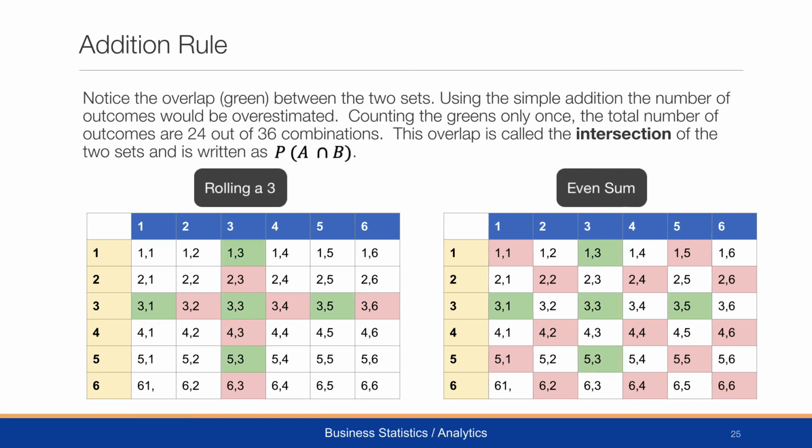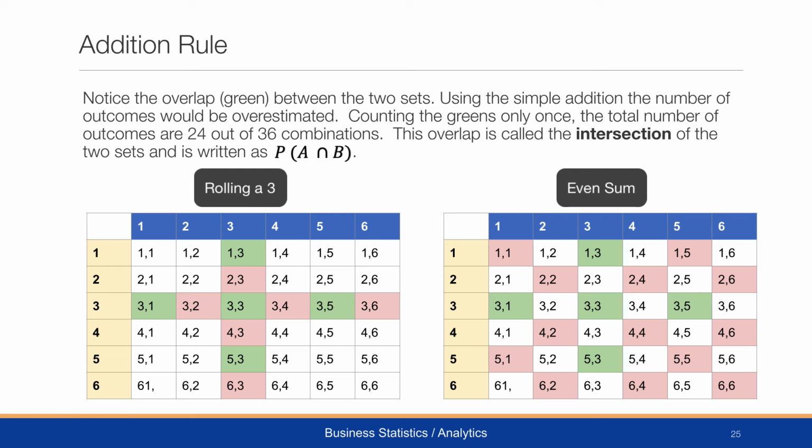The overlap, or green, between the two sets is what we're looking for. Using simple addition, the number of outcomes would be overestimated. If we did simple addition, we would have the 11 and the 18, which is too much. But if we count the greens only once, the total number of outcomes is 24 out of 36 possible combinations.